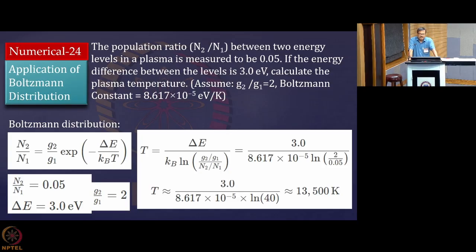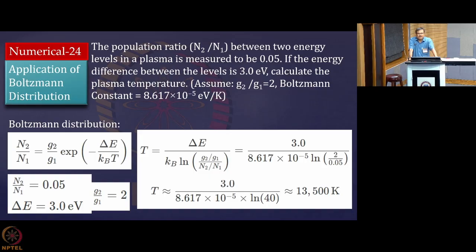If the energy difference between the levels is 3 electron volts, calculate the plasma temperature. So you know the level population ratio and the gap between the levels, and you are asked to find the temperature of the plasma.